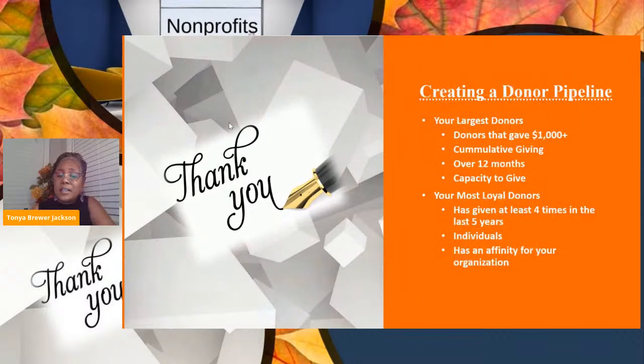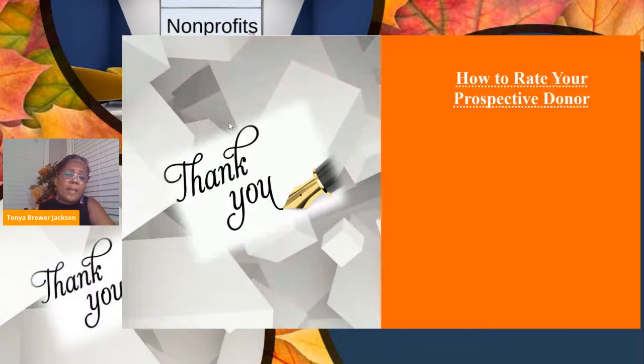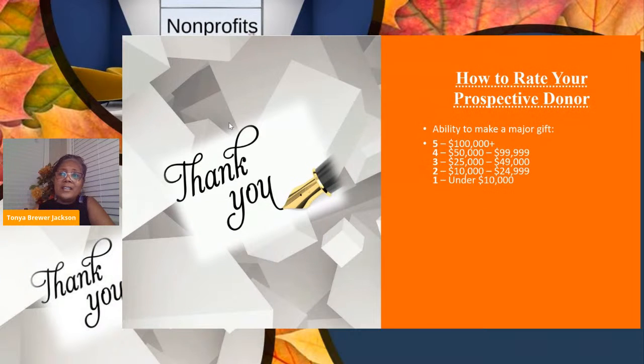All right. So then let's talk about how to rate your prospective donor. Now, one is they have the ability to make a major gift. And this is what I would consider major donors, but your threshold may be different. So here's a little exercise you can do.